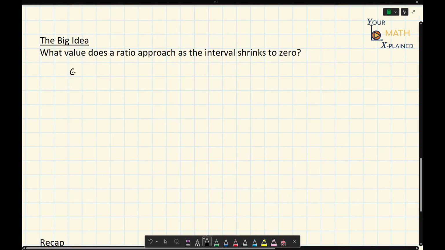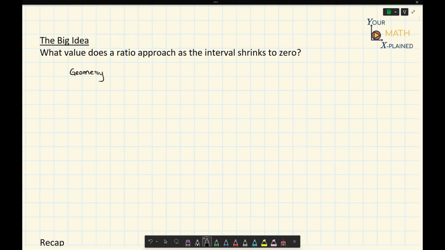So in our first context of the geometry problem, we started with the slope of the secant line. And then what happened was that we started shrinking our interval so that it got smaller and smaller until the 2 points overlap, and that is what we call the tangent slope.